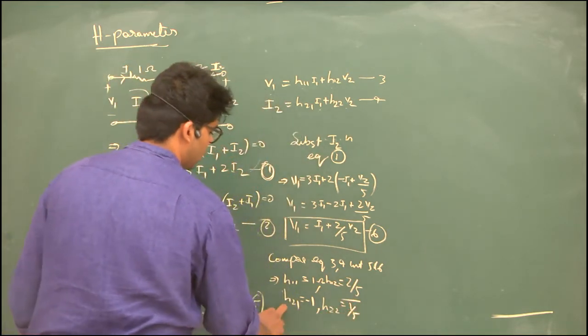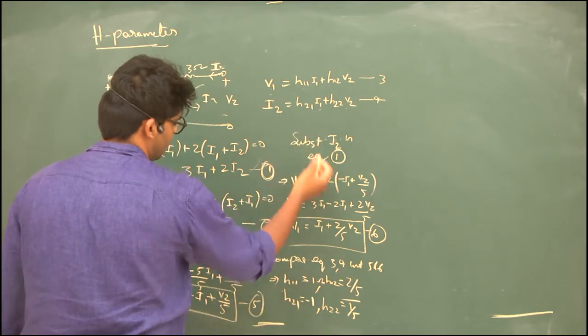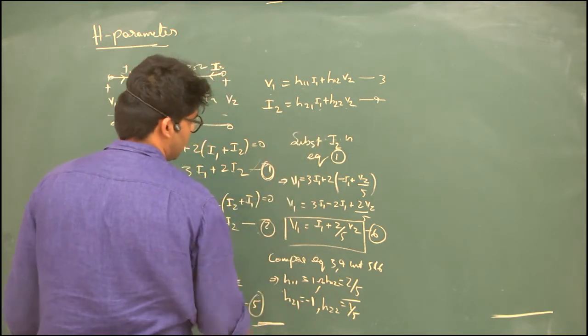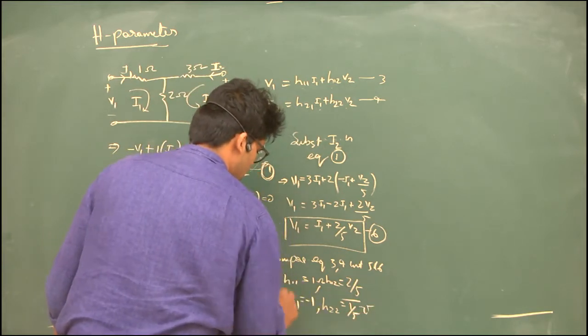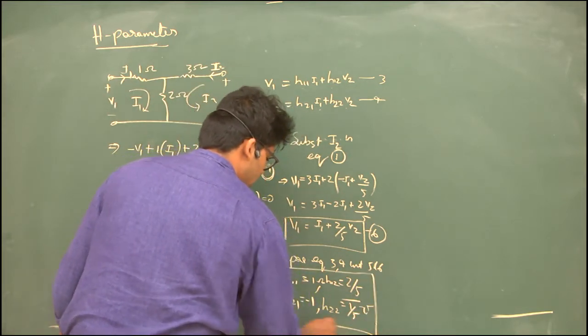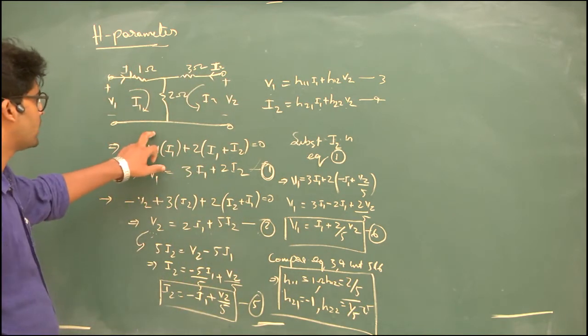The unit of h21 is I2 by I1, so there are no units. h22 is an admittance, so its unit is mho.